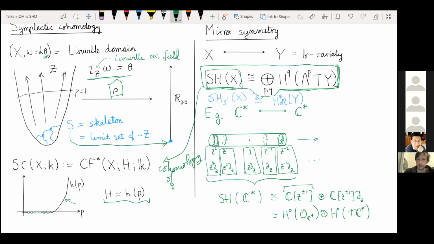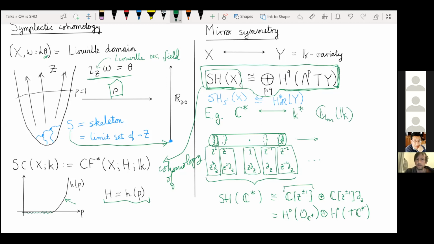Note that in this C star example the little k coefficient is the complex numbers. Yeah, you're right, I really should have specified. I should have said K star here, and that's G_m over K. Yeah, exactly, G_m.